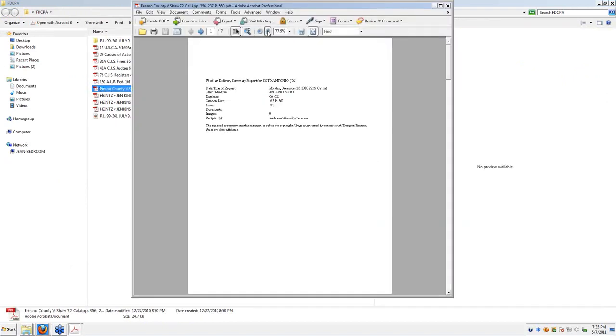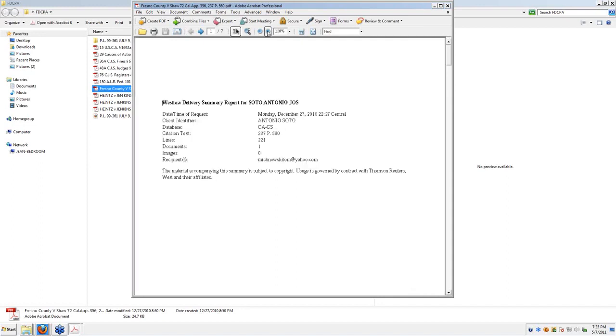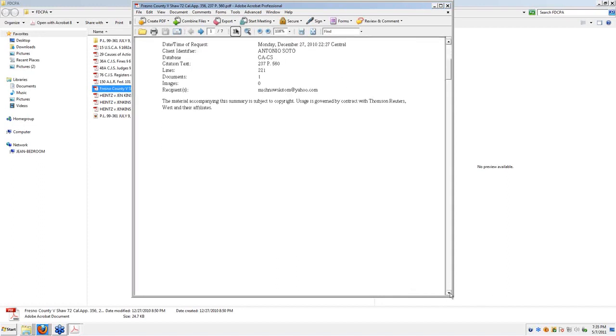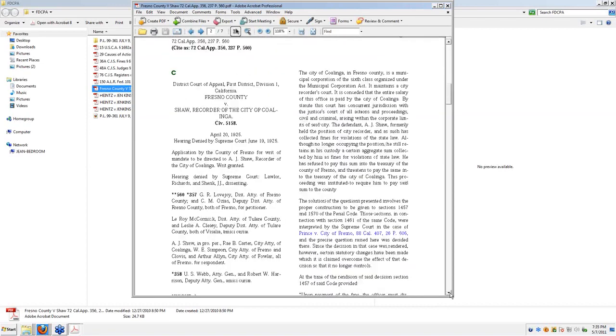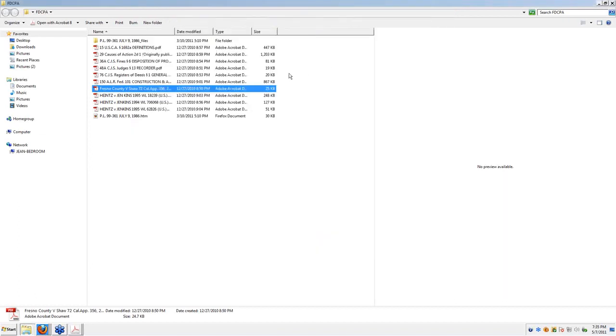I think this is the case here. They were a Mexican family. What's the name of the case here? Fresno County versus Shaw, Recorder of the City of Coahuila. No, this isn't it. I've got it here.